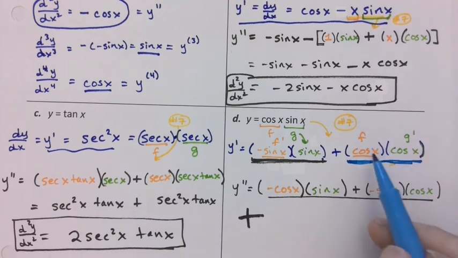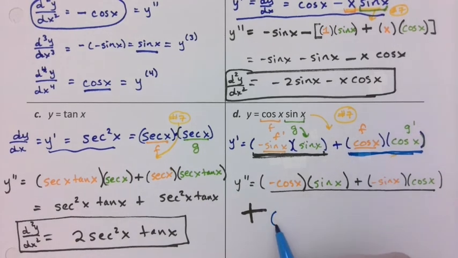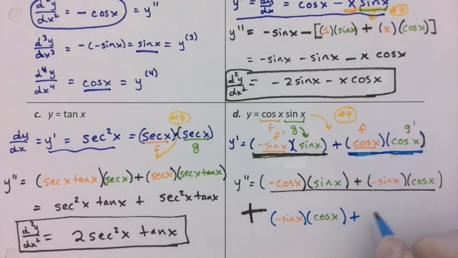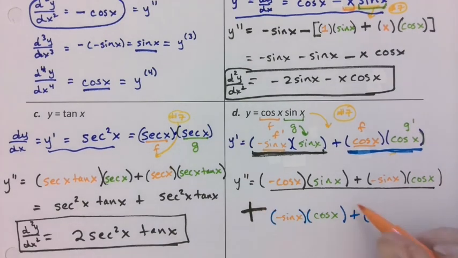Okay, so for the second derivative, derivative of cosine is negative sine. Then leave the cosine alone. Plus, and then reverse it. Leave the cosine alone. And then take the derivative of cosine, which is negative sine.